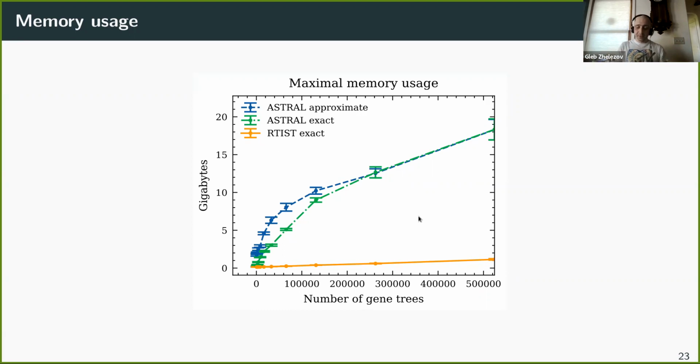So as your number of gene trees increases, your memory usage is going to keep increasing. That effect is not quite as visible in RTIST because you've pre-computed everything. So you don't really have to create this gigantic stack that's recording a million numbers. And so you see the memory usage here.